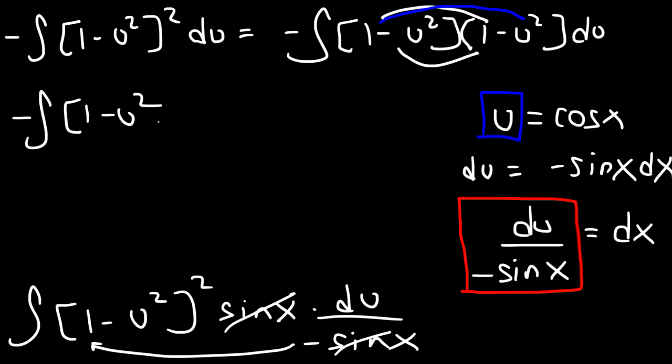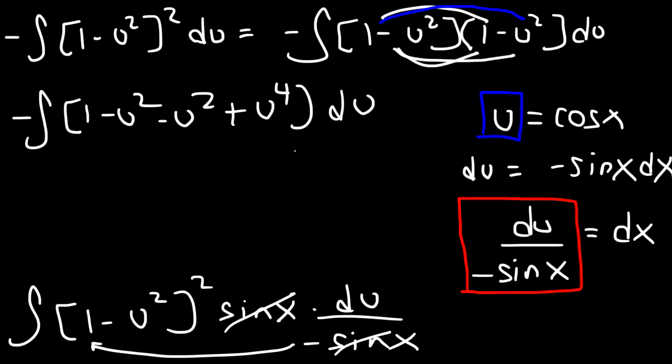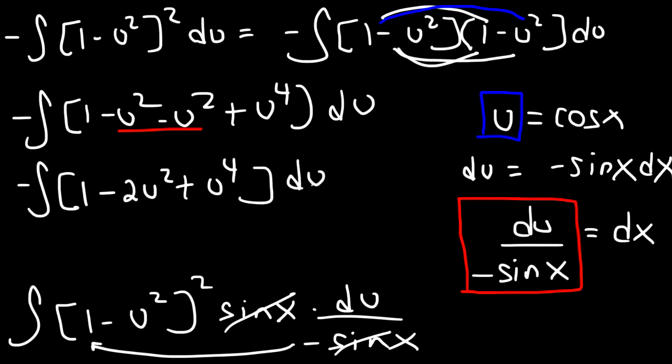Negative u squared times 1 is the same, and then negative u squared times negative u squared, that's positive u to the fourth. Now our next step is to add like terms. Negative 1 u squared minus 1 u squared is negative 2 u squared. So first is going to be 1 minus 2u squared plus u to the fourth du.